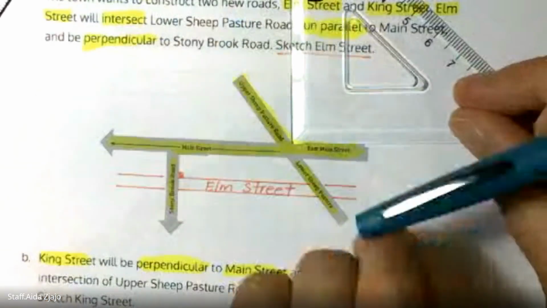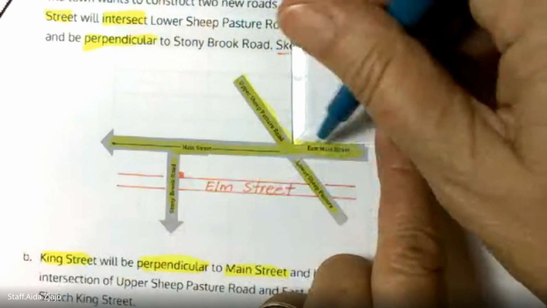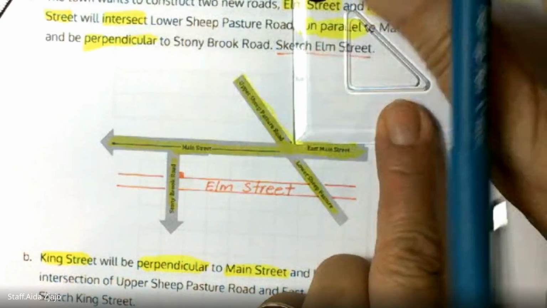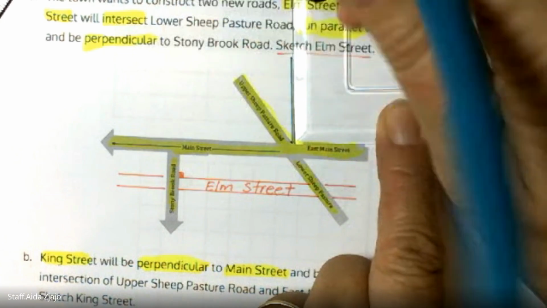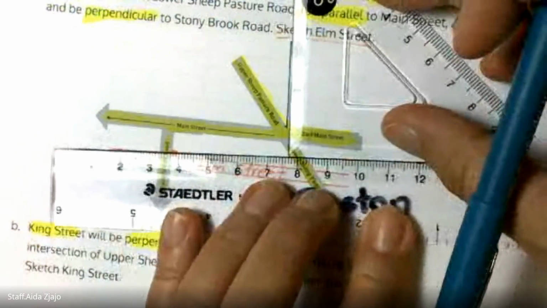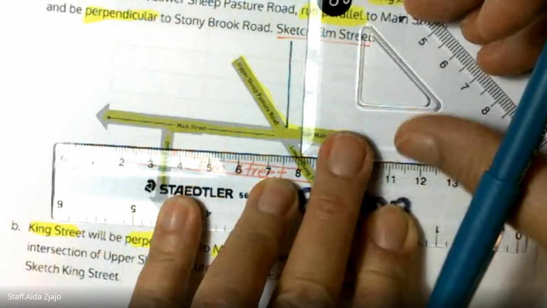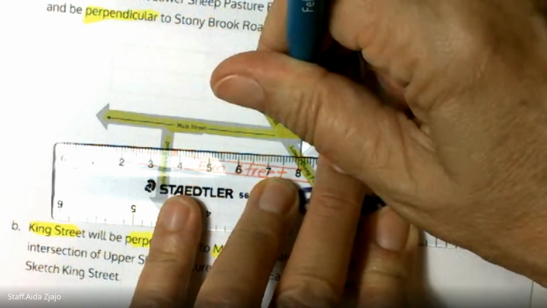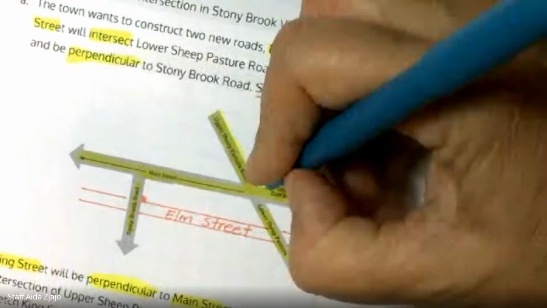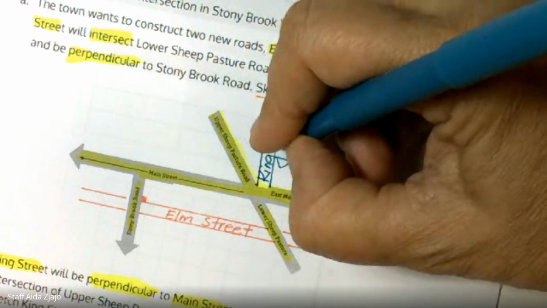It has to begin where these two intersect. So here is the perpendicular line, and then I'm going to make a parallel to it. So the lines are parallel, and that is the King Street. All right. So this would be, okay, King Street.